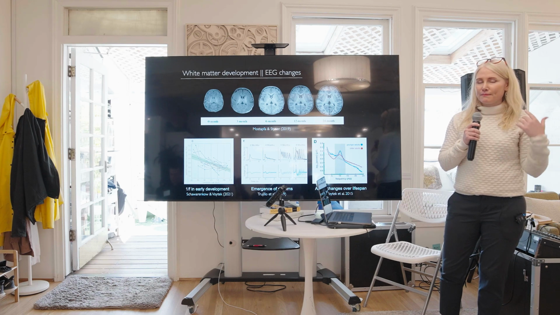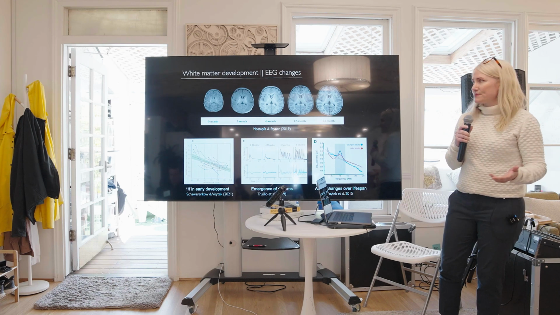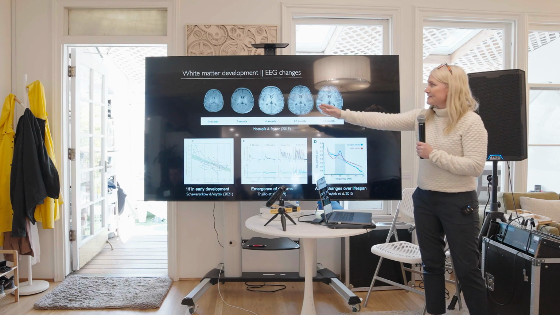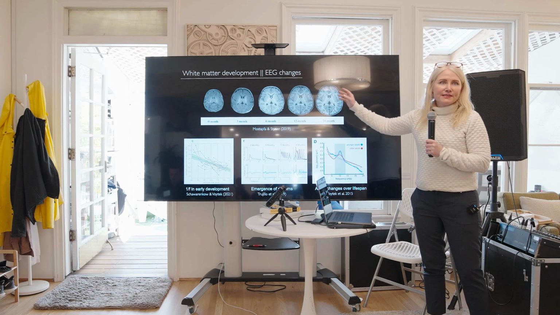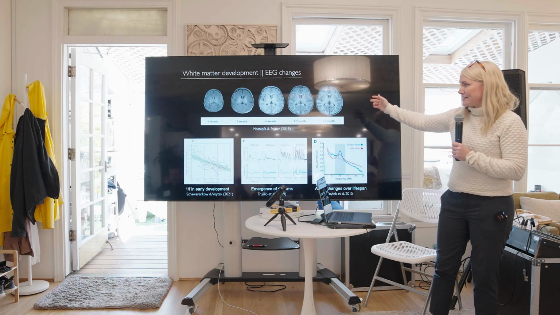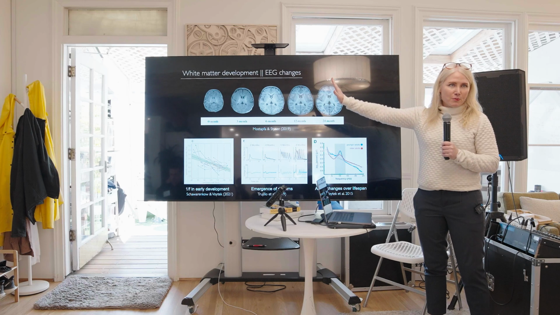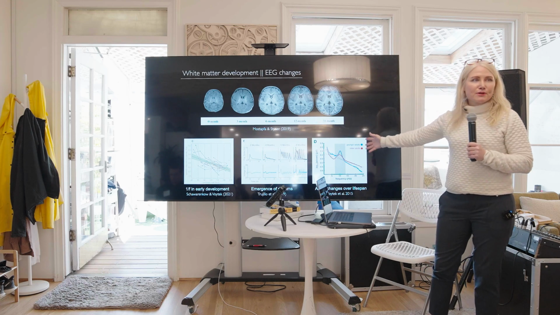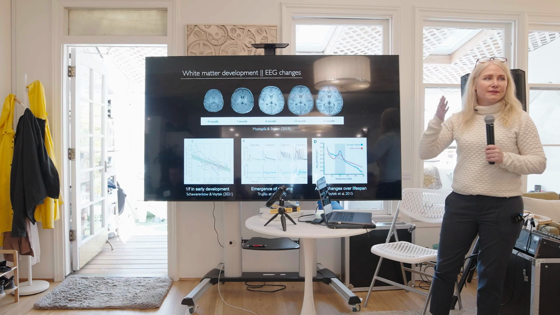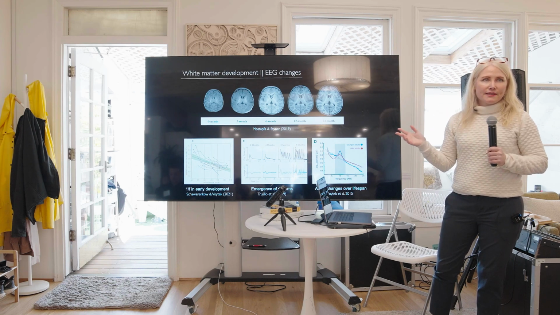There's just massive amounts of apoptosis during that early period of development. But another thing that happens is that the white matter tracts begin to be myelinated. What parallels this myelination is changes in the slope of the 1/f, as well as the emergence of the alpha rhythm. Infants don't have an alpha peak that you see very clearly in adults.